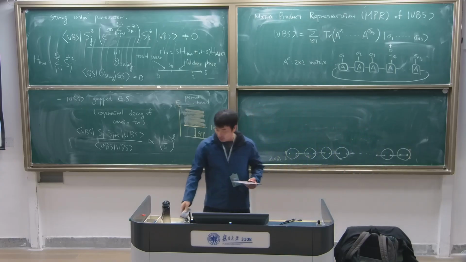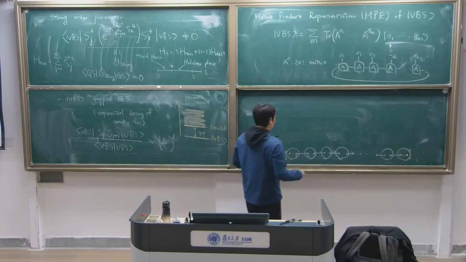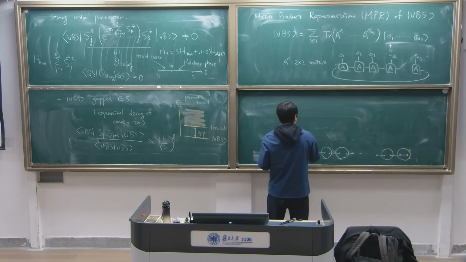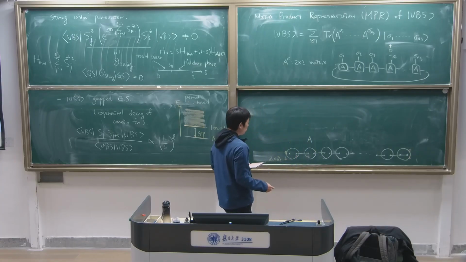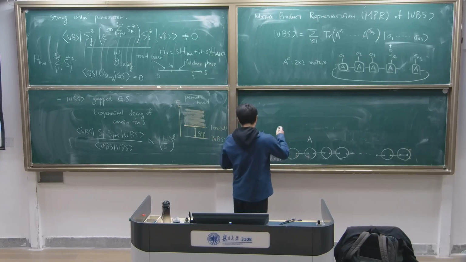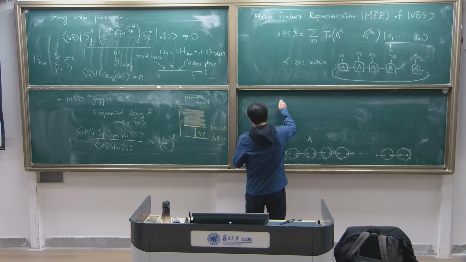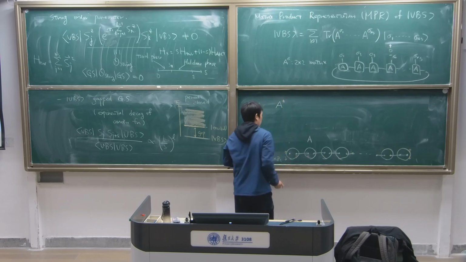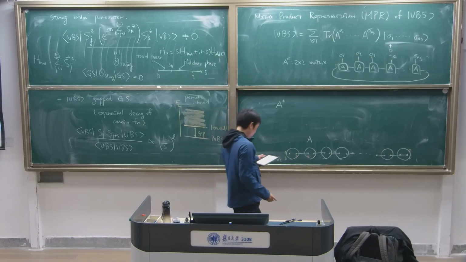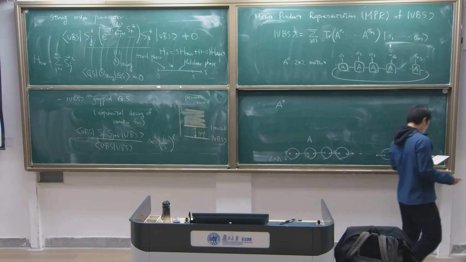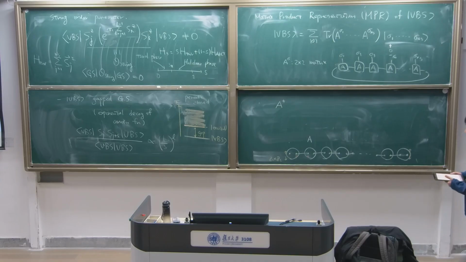Okay. So now we consider that for each site you assign some 2 by 2 matrix A, which will map as follows. A plus is always the... sorry, I just got confused.